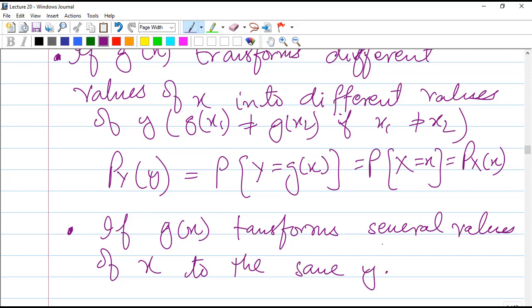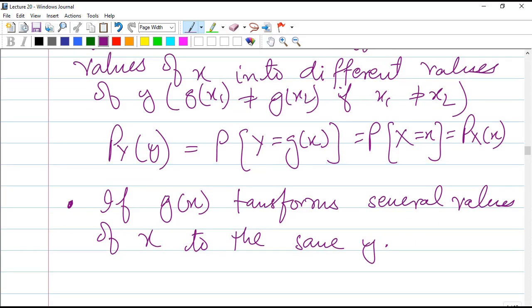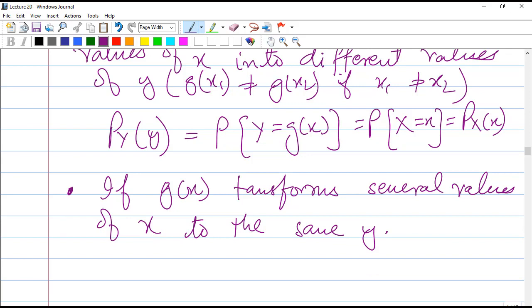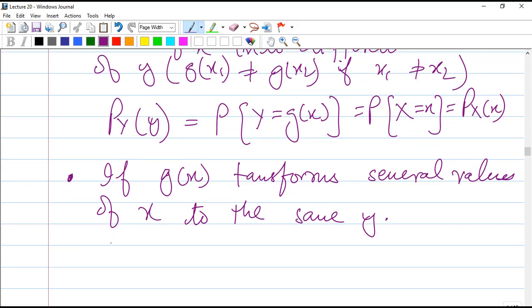If g of x transforms several values of x and that gives me the same value of y, then for each y that belongs to the range of Y, we add the probabilities.